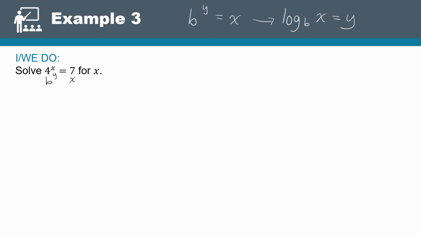So I will say log base 4, remember the base is always the base, of x, which is 7, is equal to x. So all I have to do now is just plug this into a scientific calculator, and I'm going to round this, so x is approximately equal to 1.404.